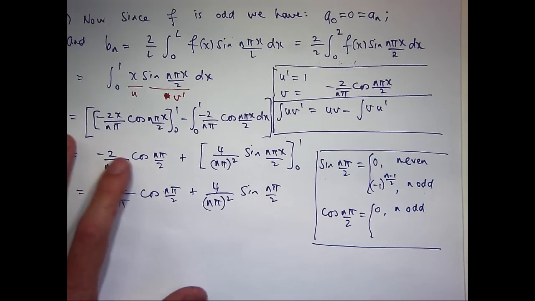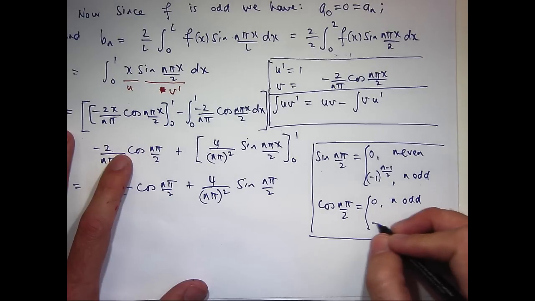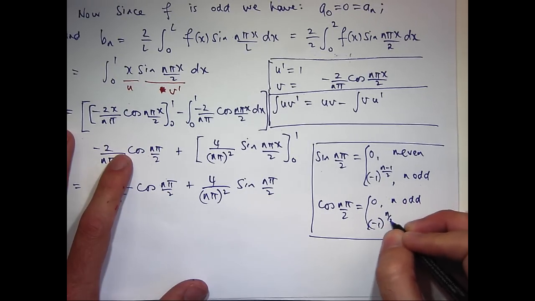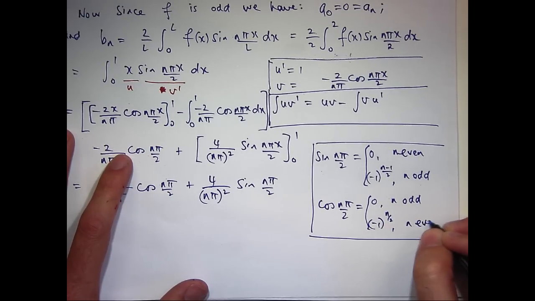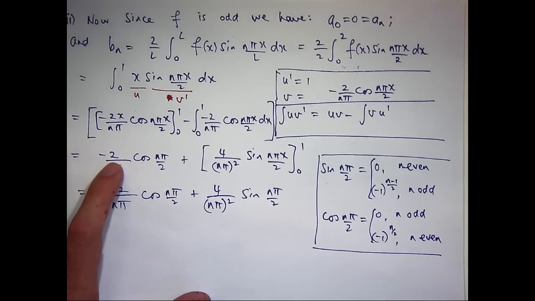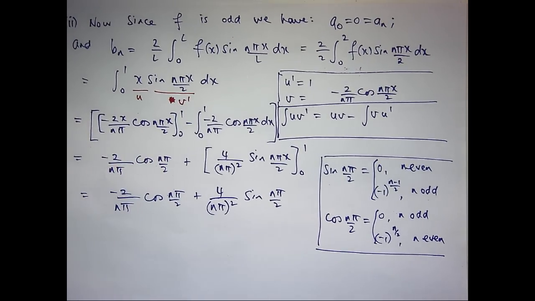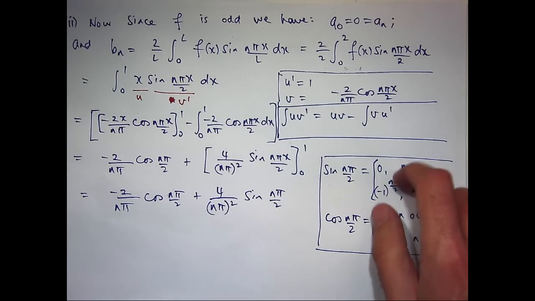It's 0 for n odd, and it's minus 1 to the n on 2 when n is even. Okay, so those little simplifications can help us a lot, and in fact it's going to help us when we get to the last part of this question. So we'll come back to that a little bit later.